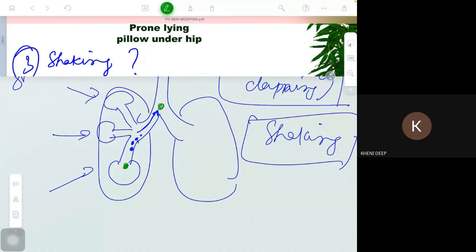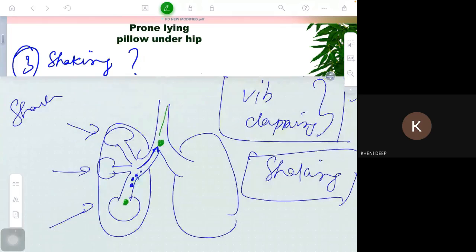Yes, sir. So this is the expiratory phase. During the expiratory phase, if you do the shaking manipulation, then the secretions will move towards the central airway.